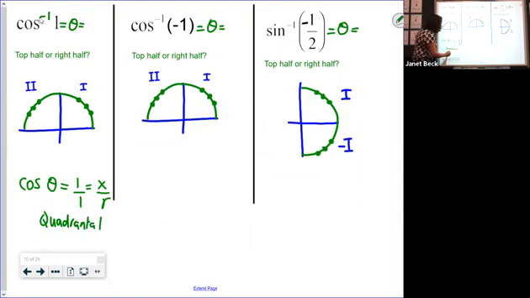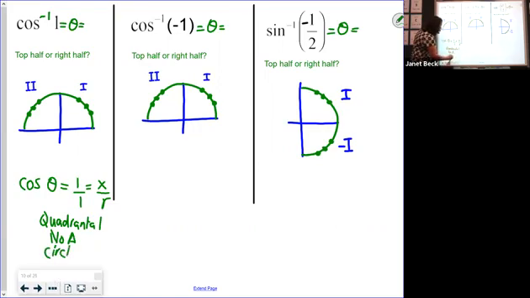So I am not looking for a triangle. I'm just using a circle of radius 1, and I'm looking for the point that's got an x coordinate of 1. Well, that's this point here. So now I have to name the angle.